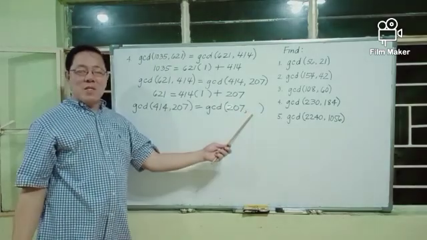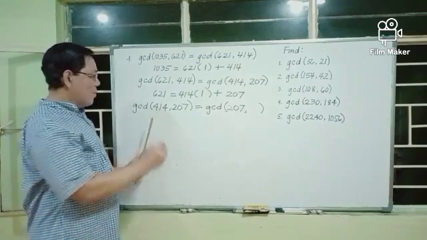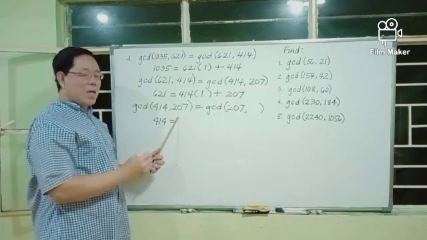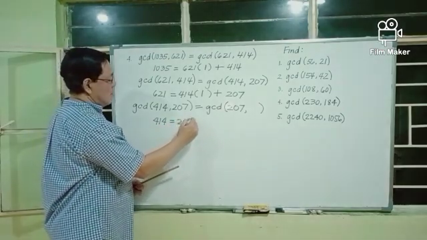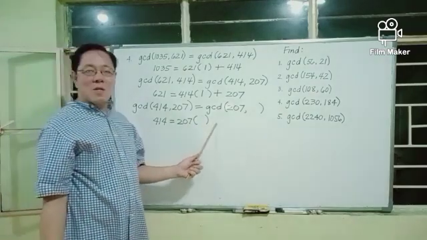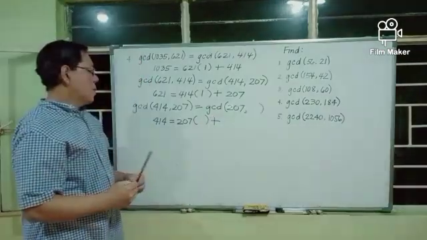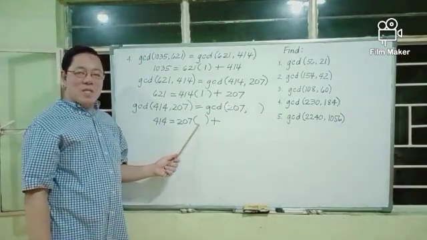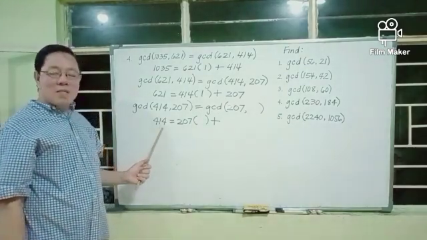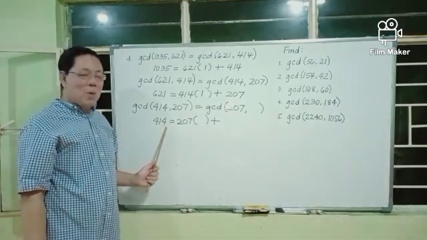And we find the positive integer here denoted by R by writing A, 414, as B, 207, multiplied by some positive integer denoted by Q, plus a constant denoted by R. And we think of the largest positive integer such that when we multiply it by 207, the product is either exactly equal to 414 or less than 414.